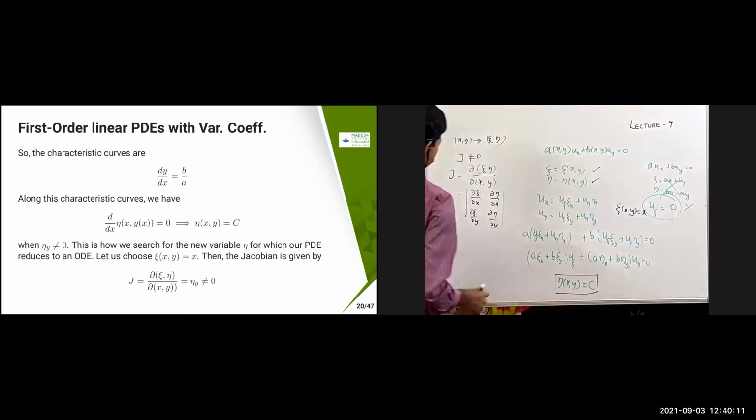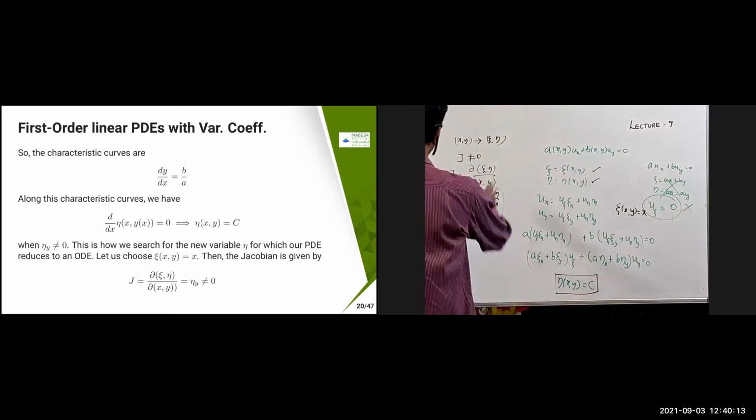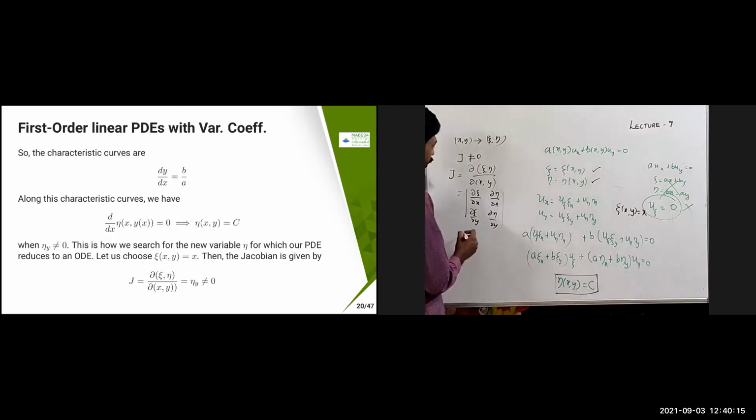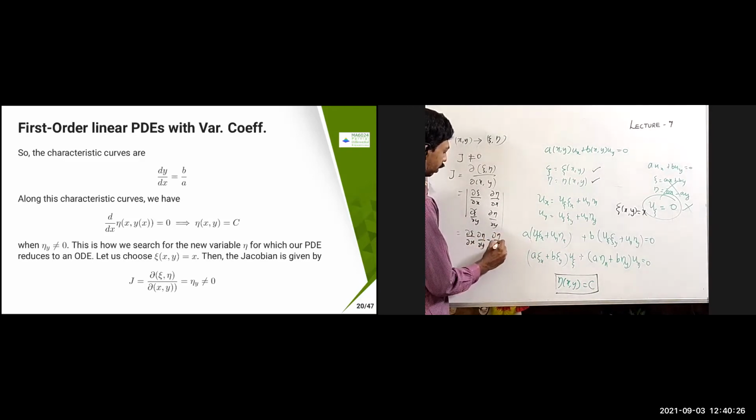Or you can write it the other way, because the determinant is not going to change. So this is going to become dou chi by dou x into dou eta by dou y minus dou eta by dou x into dou chi by dou y.